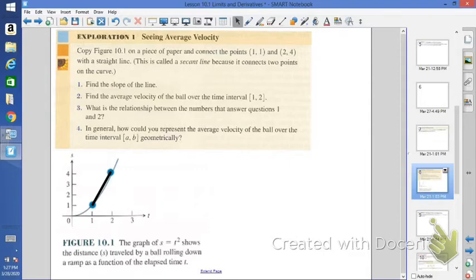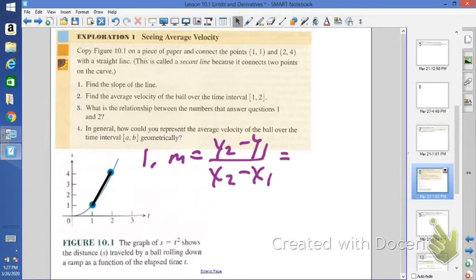Now, in part 1, it says find the slope of this line. So remember that slope equals y sub 2 minus y sub 1 over x sub 2 minus x sub 1. So it's going to give us (4 minus 1) over (2 minus 1). So that's going to be 3.